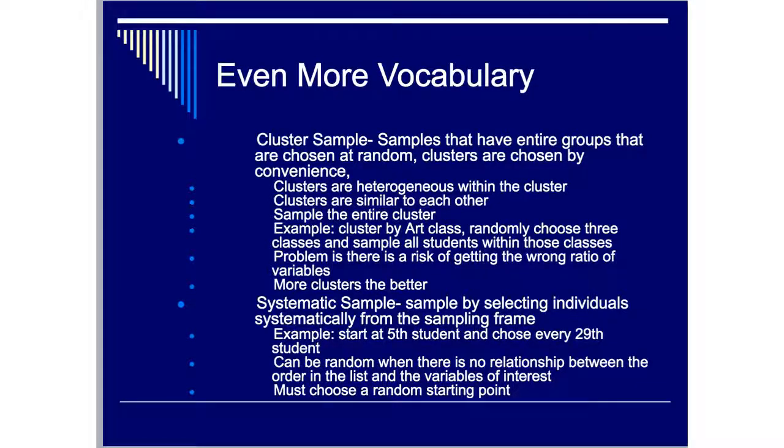I'm going to sample everybody in her class. I'm not going to randomly sample within. I've randomly chosen her class, and her entire class gets sampled. Okay, so in a cluster, the cluster's randomly chosen, and then you sample everybody in the cluster.